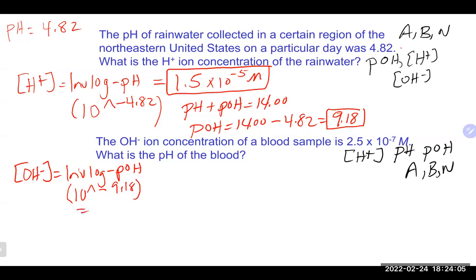That's going to give us 6.6 times 10 to the negative 10. Again, molar would be needed in this case. Same thing in terms of sig figs here. Our 9.18 has 2 decimal places, translating to 2 significant figures in the concentration.